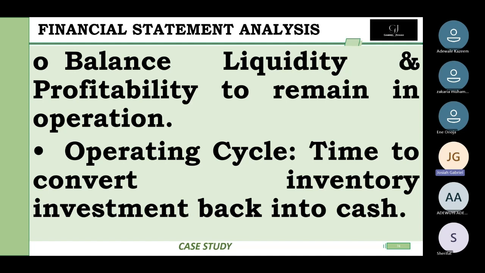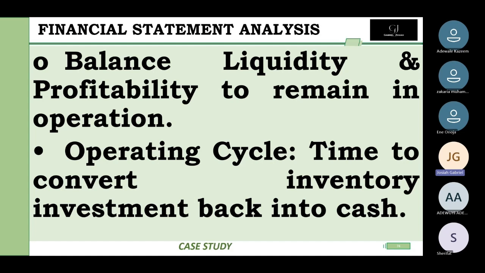Let's also look at the operating cycle, which relates to the working capital cycle. The operating cycle speaks to the time to convert investments back into cash, inventory investment to be specific. For manufacturing companies, and those that deal with inventory, whether manufactured or bought to be resold, turning the inventory back to cash is key, because inventory is a key component of your current assets.